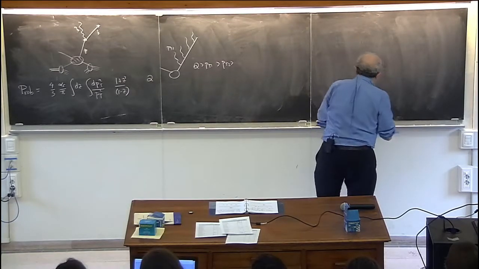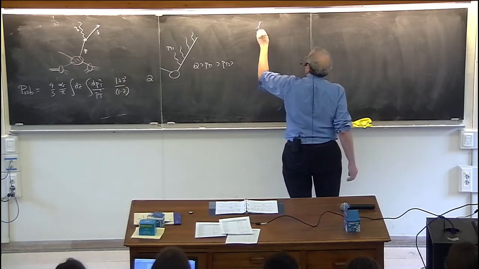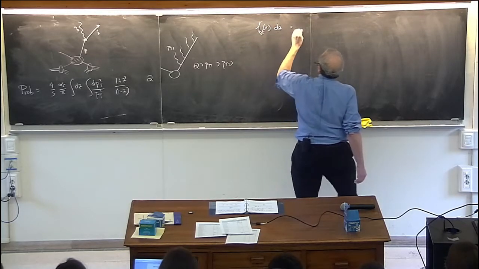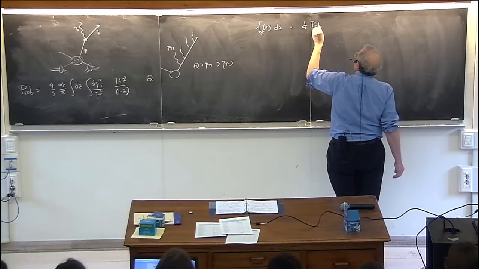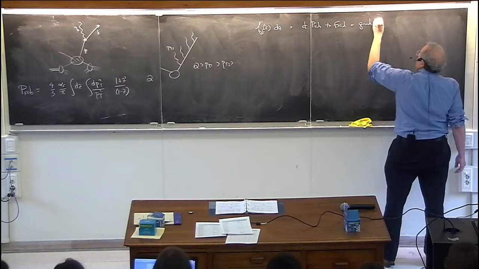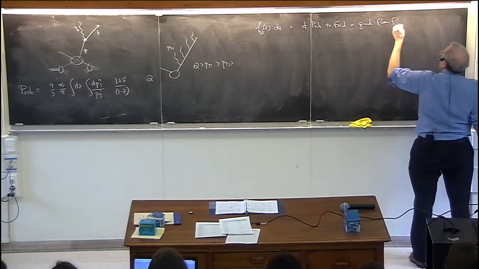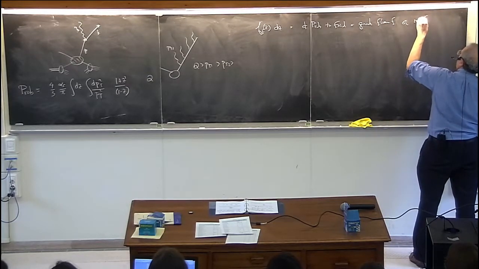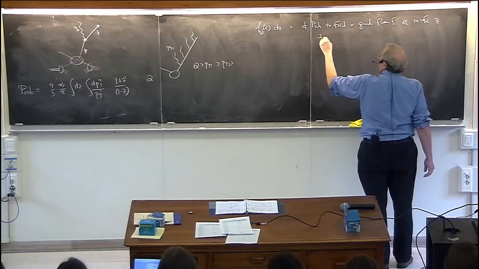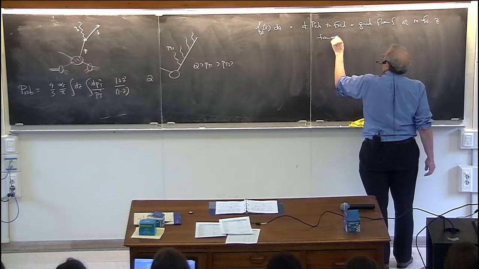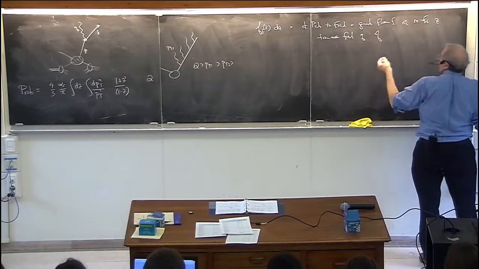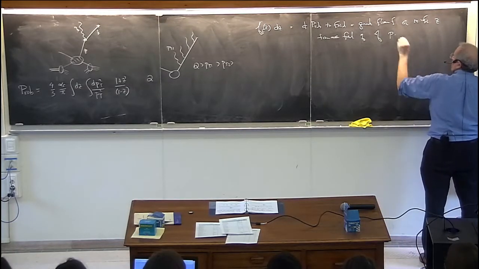So let f sub f of z dz be the probability to find a quark, flavor f, of momentum fraction z from a final state quark of some particular momentum, of momentum p.